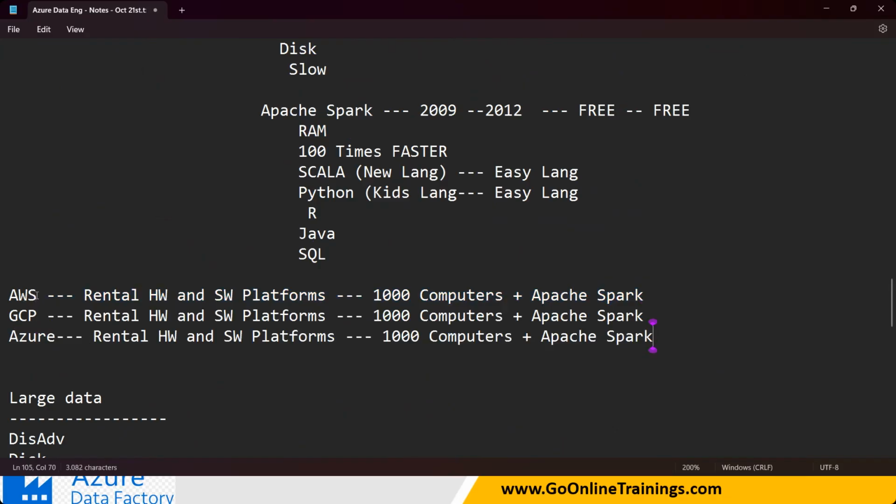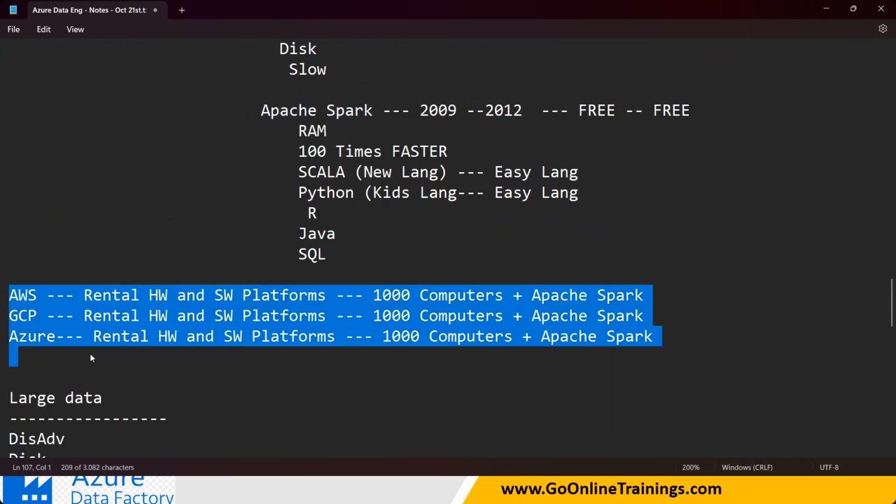So Apache Spark will be running in AWS, or inside your Google Cloud platform, or in your Azure. Like that you will be able to understand.